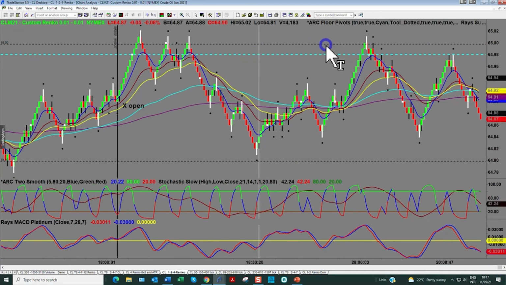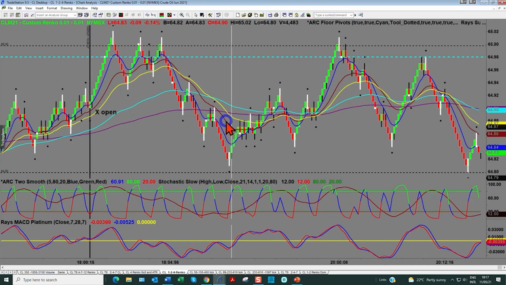This particular dashed line is what we call a midline pivot. That's the 50% level between a main pivot. It could be between the S1 and the floor pivot, or the floor pivot and the R1, which is resistance 1, etc.